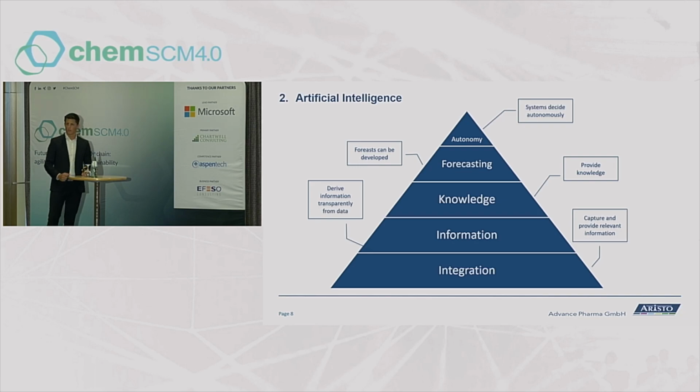So I think that was really important to know what is the difference between machine learning and artificial intelligence, because if you want to implement that in your organization, you need to know what it's about and which model fits the best for the process that you want to automate.